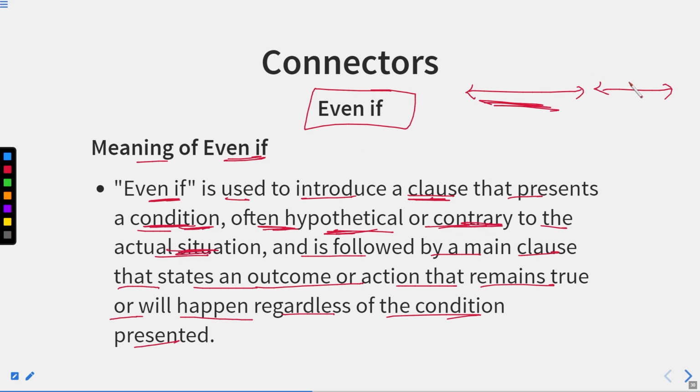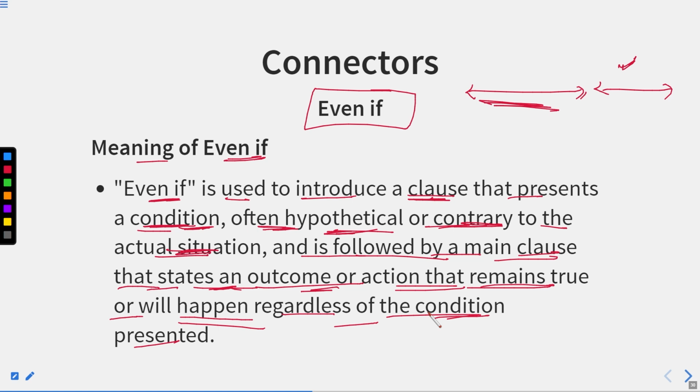It is actually contradictory to the information given in the main clause, and is followed by a main clause that states an outcome or action that remains true or will happen regardless of the condition presented. So again, the structure of even if is similar to that of although, even though, and the contradictory conjunctions that we have read till now.